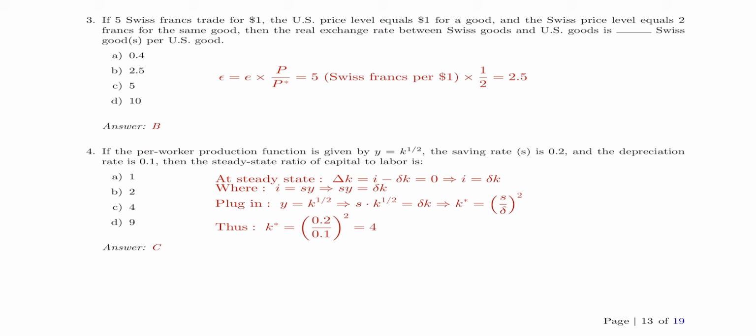Plug in lowercase y equals lowercase k to the exponent 1/2, and solving for lowercase k, we get lowercase k star equals lowercase s over delta, all squared. After plugging in the values of lowercase s and delta, we find lowercase k star equals 4. The correct answer is C, 4.